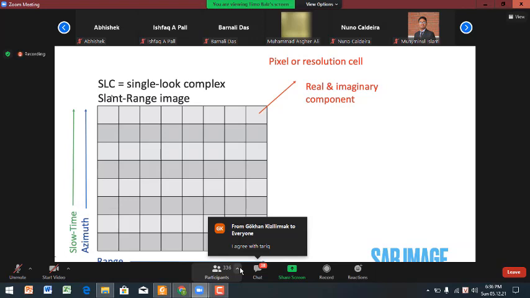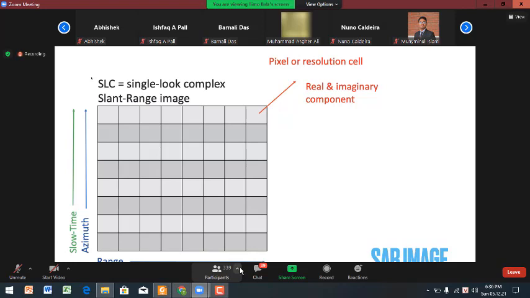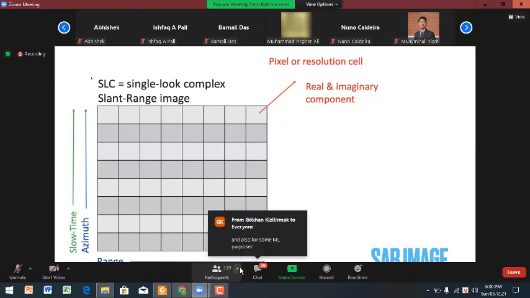You may get an already geocoded image, which you can directly use for some application, and that might be what you want. And then we have the single look complex image, which is basically the first processing level after the raw image, the directly focused image.